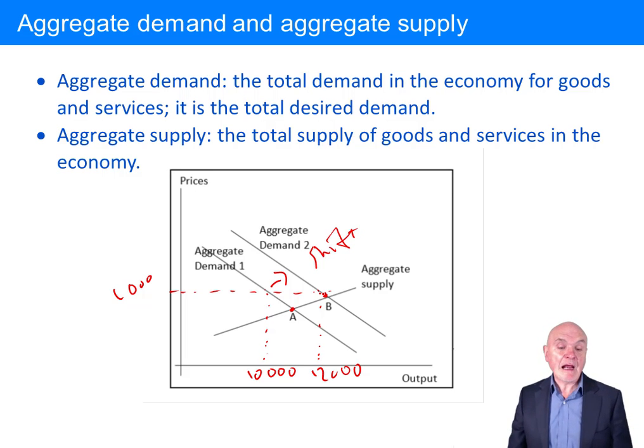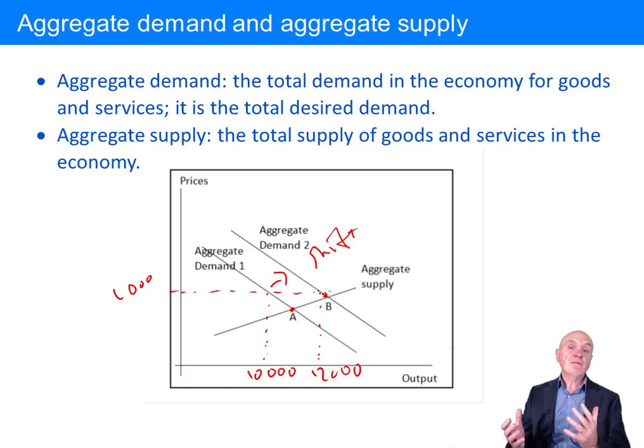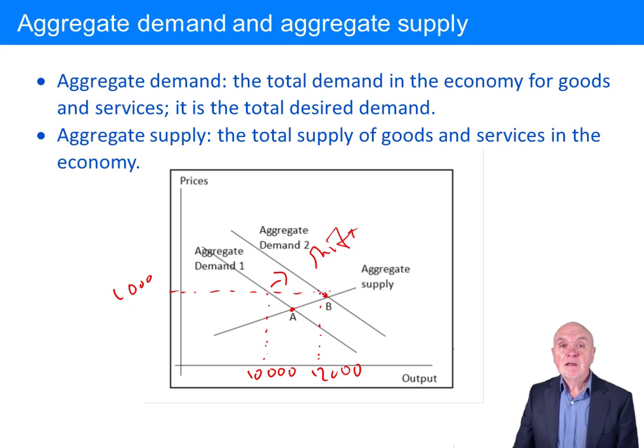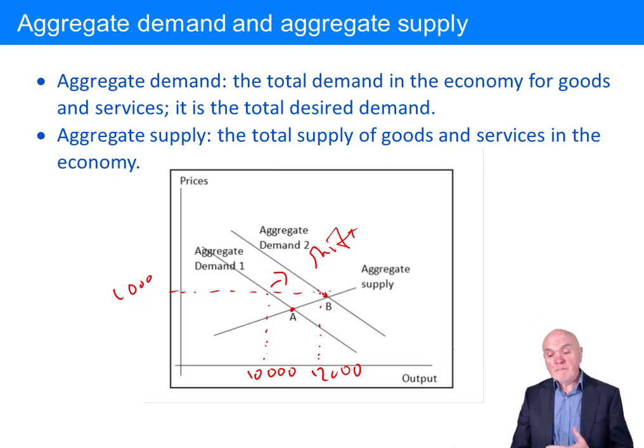Another reason that aggregate demand might be increased could be, for example, if interest rates decrease. So some of the demand is going to be really created by people borrowing. As well as earning income and spending your wages, you could go to the bank and say, well, I want to borrow $1,000 because I want to buy a new washing machine or something of that sort.